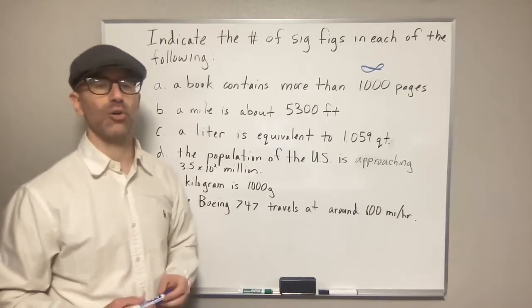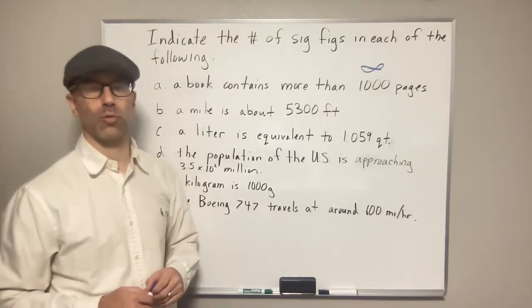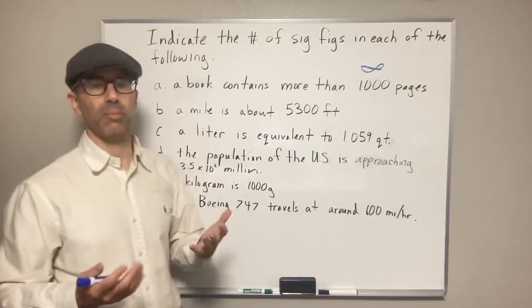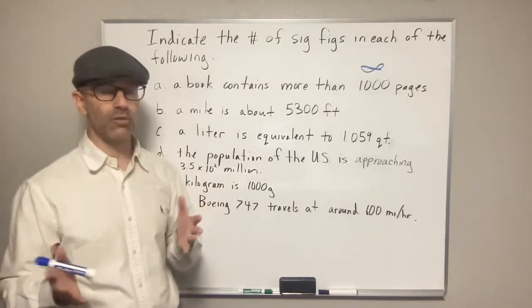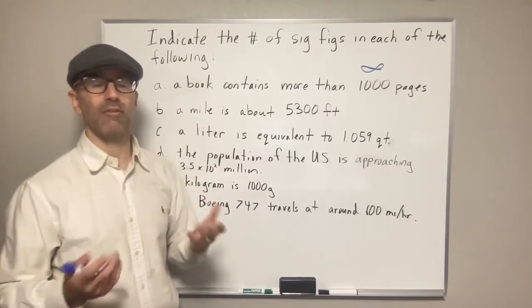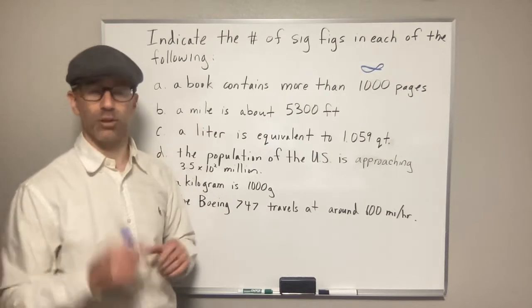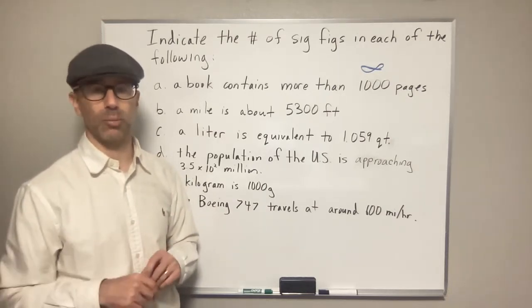If there is no decimal point, you don't count the zeros. That's one way to look at it. Some books, some teachers, some professors will say it's ambiguous, so you don't know the number of sig figs there. But a lot of books will say you don't count them if there's no decimal point.